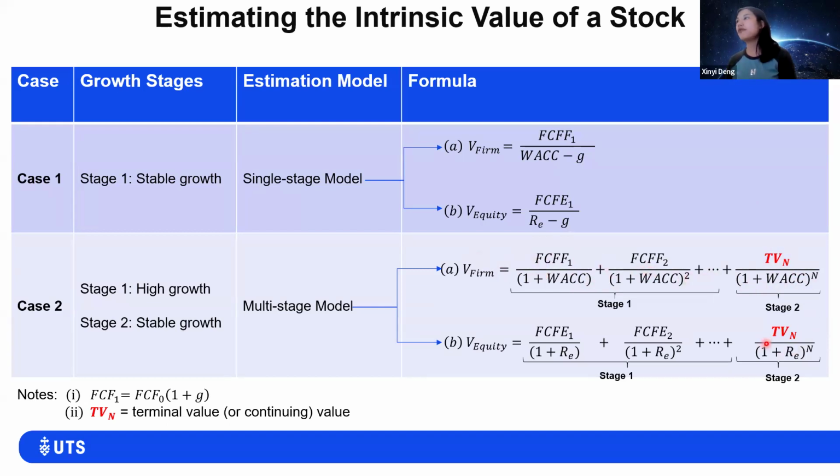Of course, if we are doing the valuation using FCFE, the final term should be the terminal value TVN divided by 1 plus RE raised to the power of n, and RE is calculated using the CAPM model.